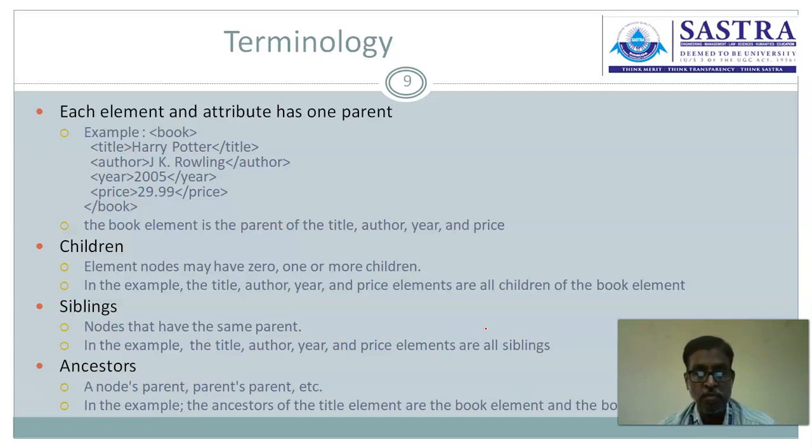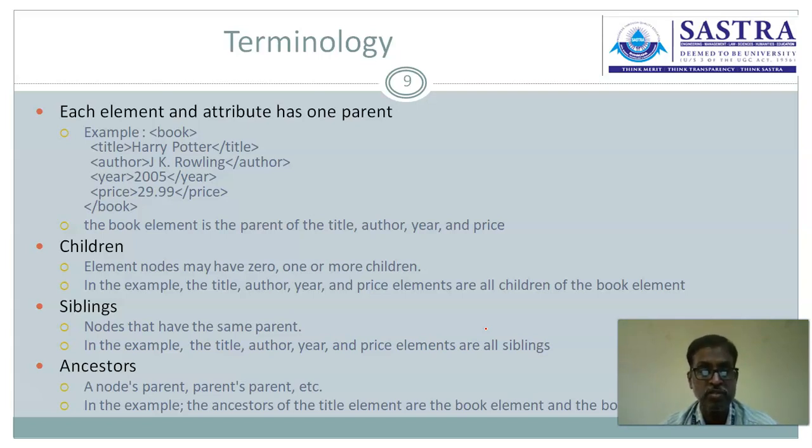And then children. Any element node may have 0, 1 or more children. If it has 0 children, then it contains an atomic value. If 1 or more children are available, then those children are connected using children relationship and sibling relationships. In our example, title, author, year, price elements are children of the book element.